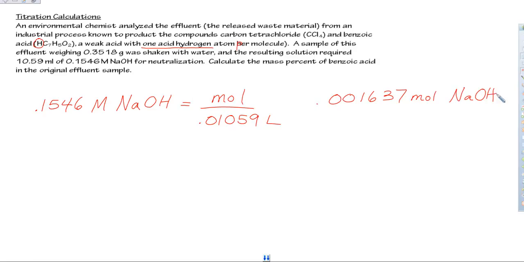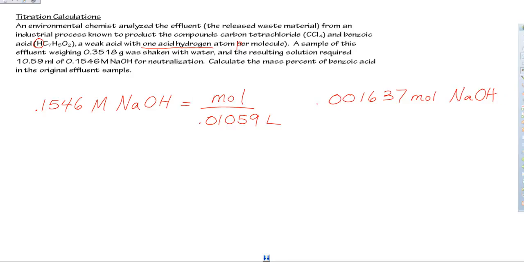Okay, now I didn't write a balanced equation, which is kind of a no-no. But here's the deal. We've got this sodium hydroxide, which is +1, -1. And then we've got the benzoic acid, and it tells me that there's one acidic hydrogen. This kind of hints that it's going to be a 1-to-1 ratio.